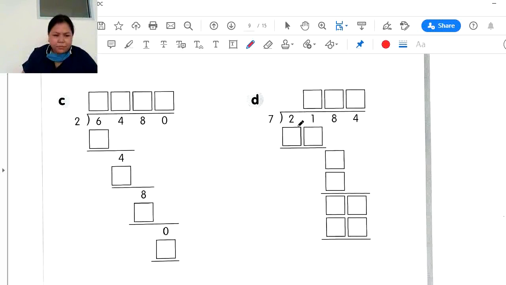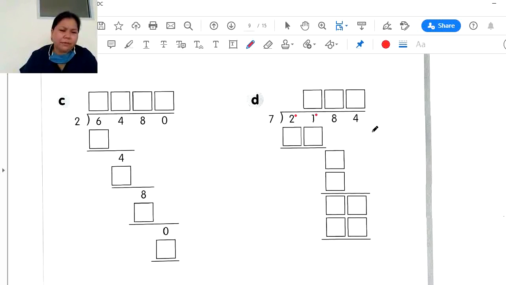Okay, so first, when we divide, we can divide only 1 digit first. Yeah, only 1 digit. But in this case, we cannot proceed because it is smaller than the divisor. That's why we proceed with a 2 digit number. Now 21 divided by 7.